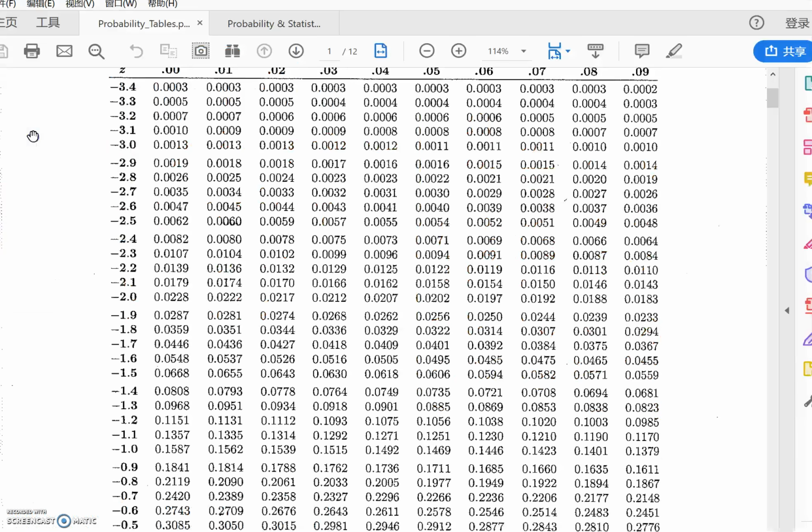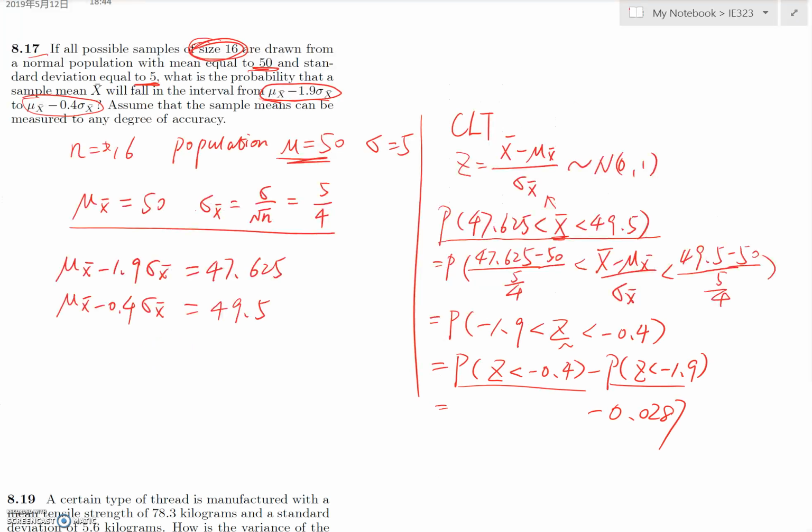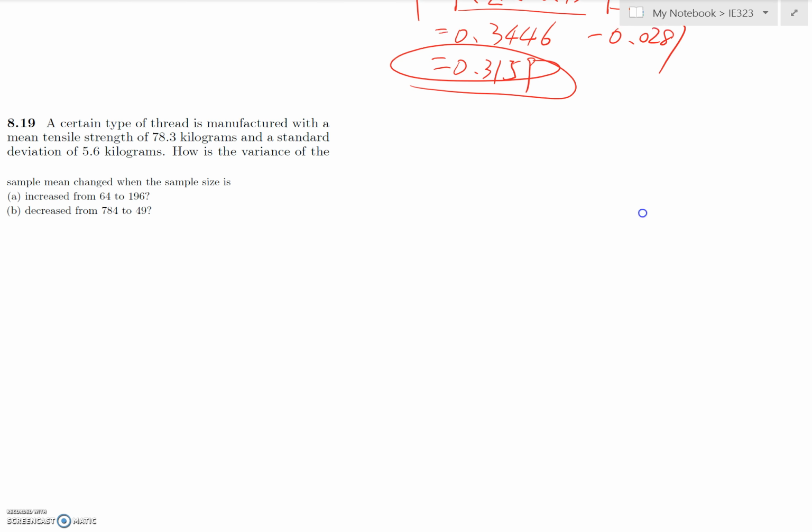Here we need to find minus 0.4. Here is the 3446, 0.3446. This will equal 0.3159. Okay, so the first problem is solved. Now let's solve the second problem.